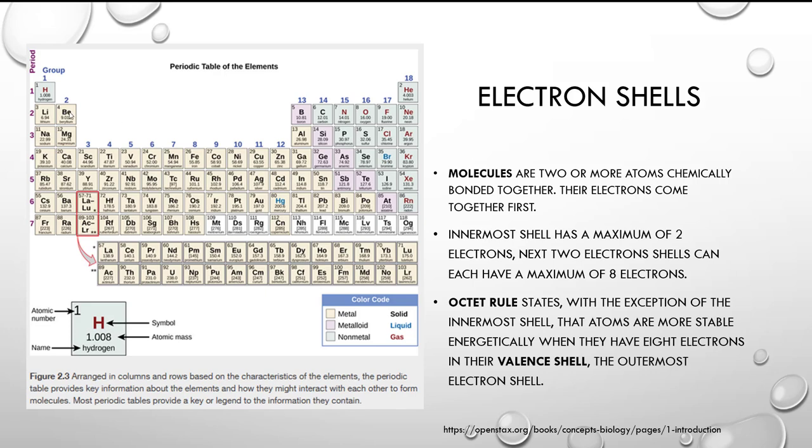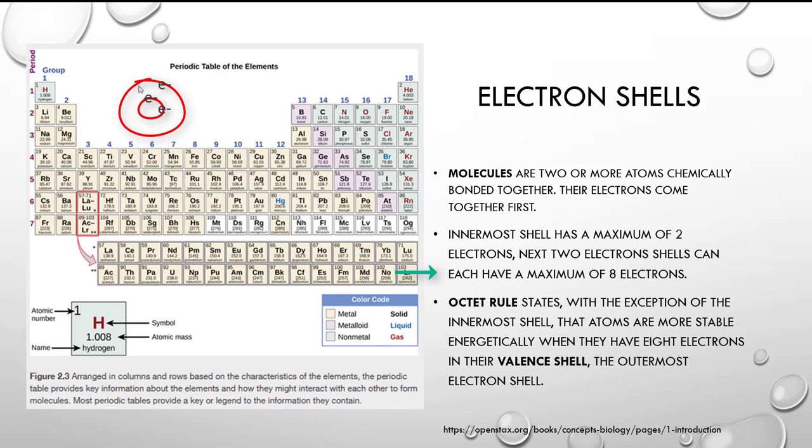If we look at something like lithium, it has 3 electrons. Protons and electrons are usually equal if it's a neutrally charged atom. So its first 2 electrons fill the first shell, but then we have another shell. The next shell can hold a maximum of 8 electrons.